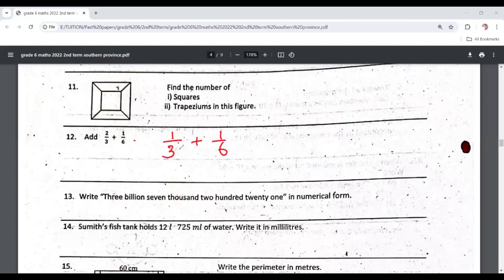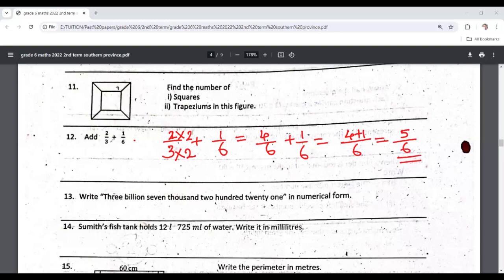You need to make 6 out of 3, so here you can multiply this by 2 and this also by 2. Then you get 4 over 6 plus 1 over 6, which is equal to 4 plus 1 over 6 because we have the common denominator, which is 6. Then we get 5 over 6. This is the answer, right?